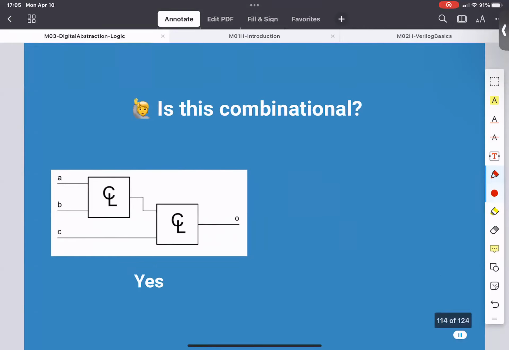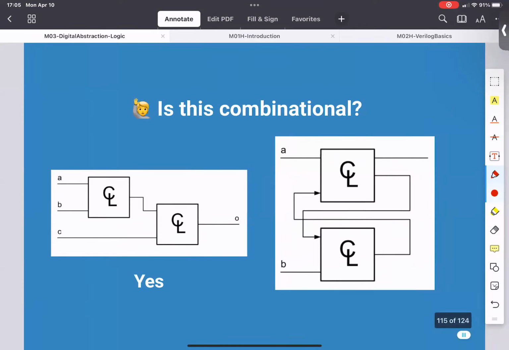And the answer to that, we saw, is no, because we may have feedback. So it depends on what we mean. If I connect it like this, it is combinational. If I connect it like this with this feedback, there is a loop here now. Then I may get something which is no more combinational.